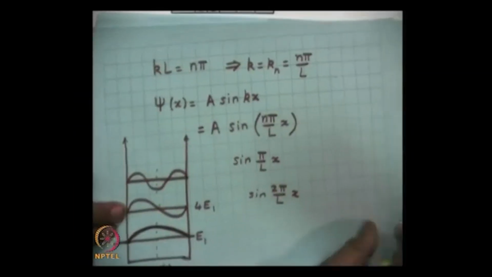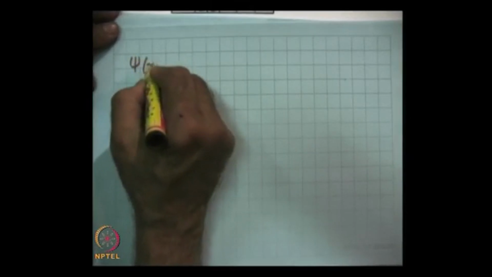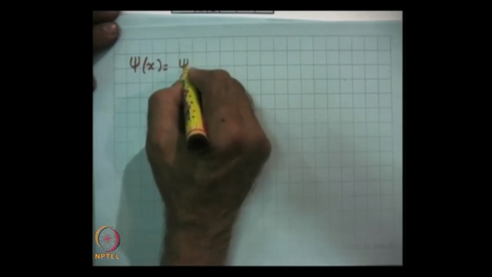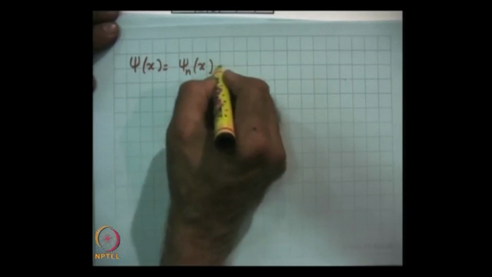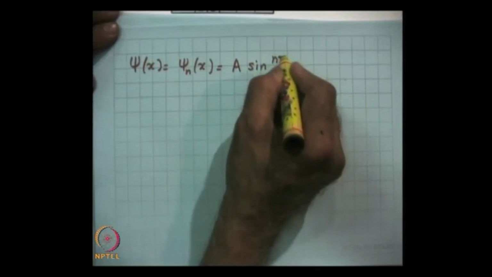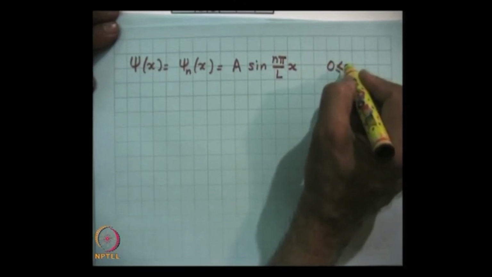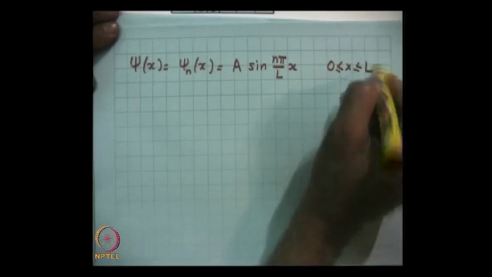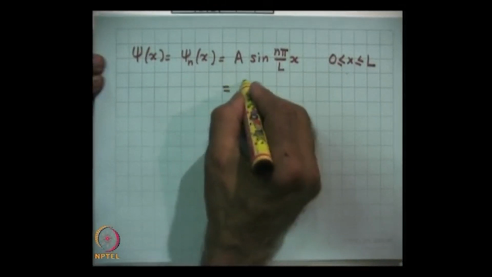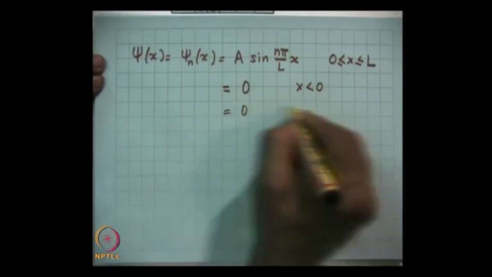So, I will have the wave function psi n of x, which is equal to a sine of n pi by L into x, between 0 less than equal to x less than equal to L, and 0 everywhere else, 0 for x less than 0 and 0 for x greater than L.